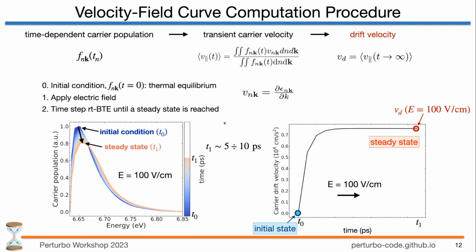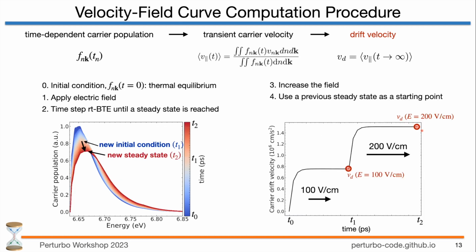During this simulation, we compute the transient carrier velocity as presented here. And at the steady state, we evaluate the drift velocity. We can see this transient carrier drift velocity on the y-axis as a function of time here. At some point, we reach a steady state drift velocity corresponding to this value of the field.